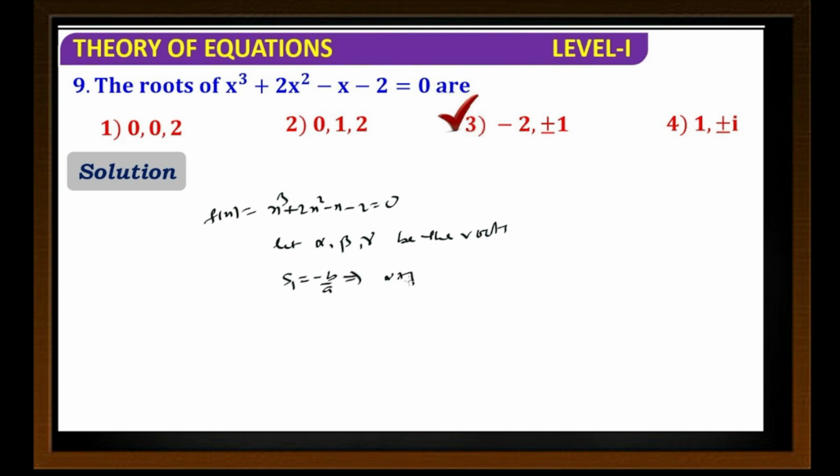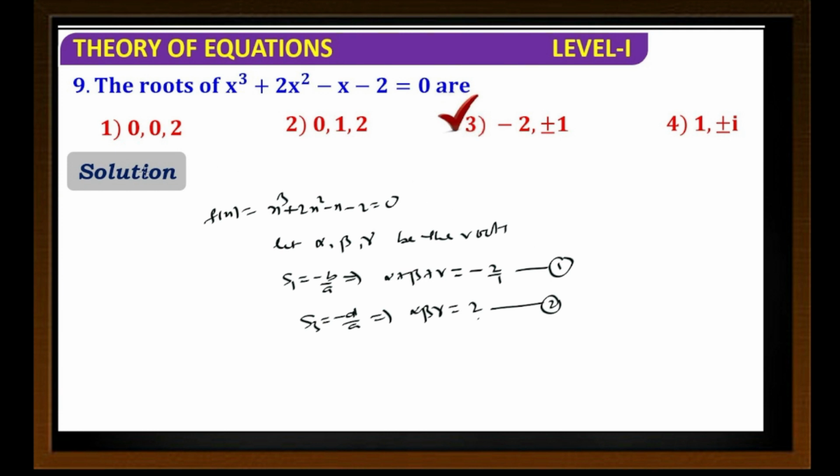So alpha plus beta plus gamma is minus 2 by 1. So consider this equation 1, and S3, the product of the roots, is minus d by a. So alpha beta gamma is 2. Now we have two equations in terms of alpha beta gamma.